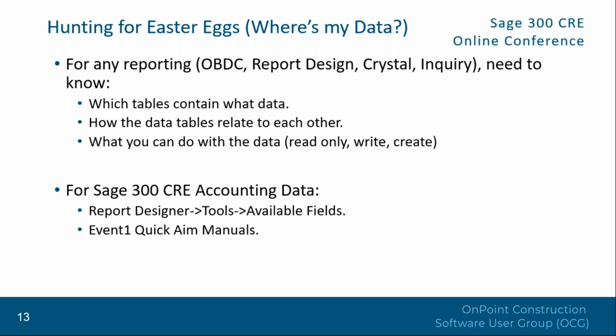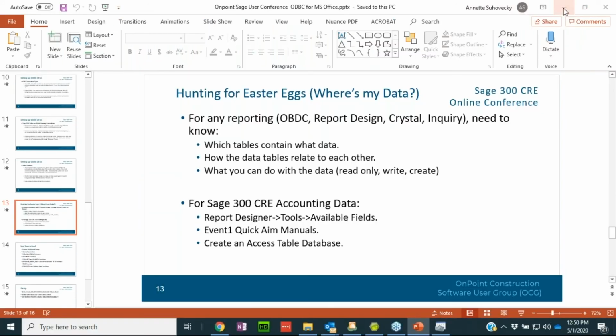It's very nice, that basically discusses every table inside of Sage 300, what it does, how the data is stored, what the possible values are. So if you're a really heavy duty person, it's a great asset. And the other thing, which we may be able to get into just a little, is creating an Access table database. But for the first part, I'm going to dive out of this.